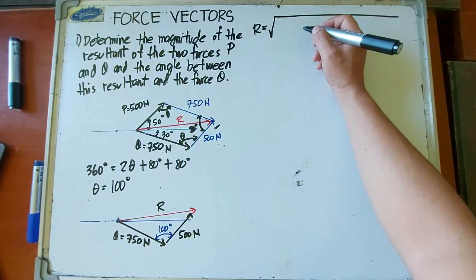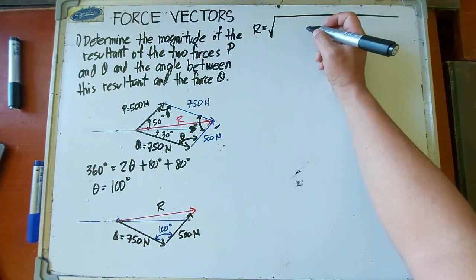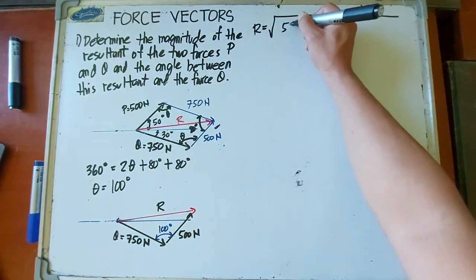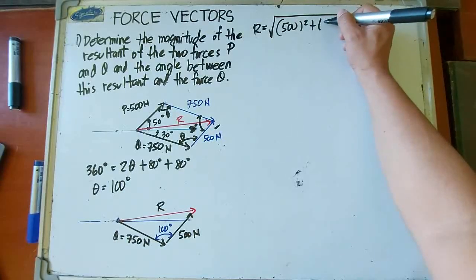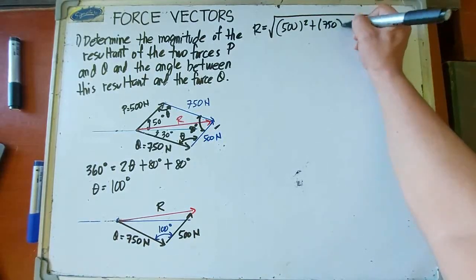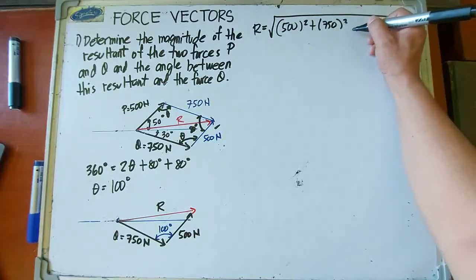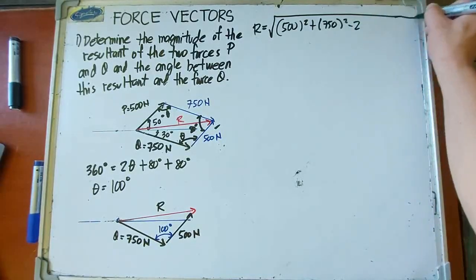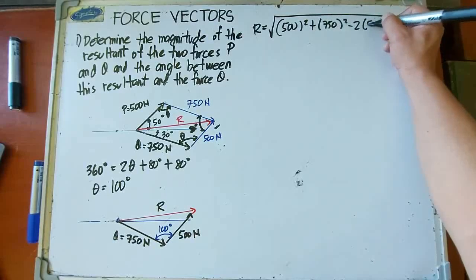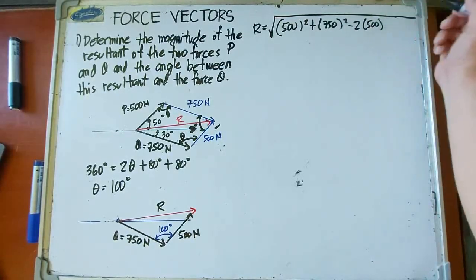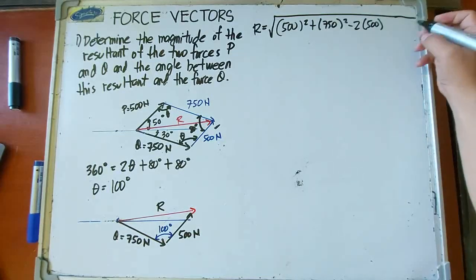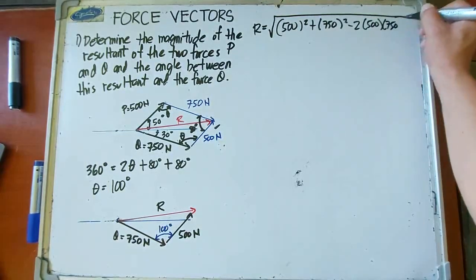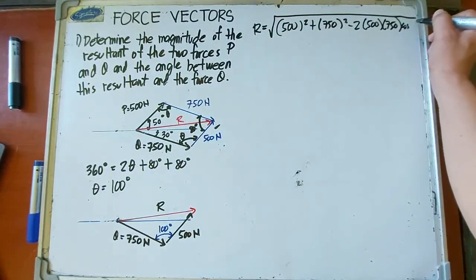square root of 500 squared plus 750 squared minus 2 times, I will no longer put the unit set to save space dito sa ating whiteboard, 750 cosine of 100 degrees.